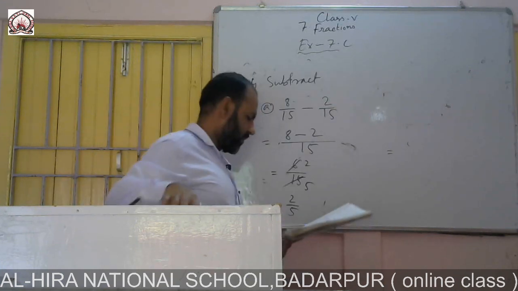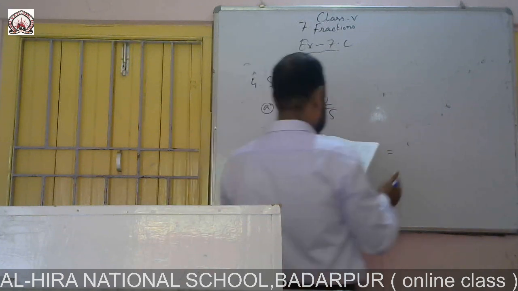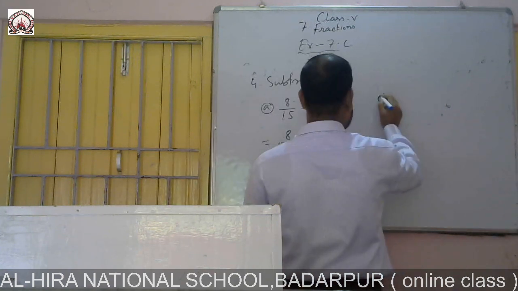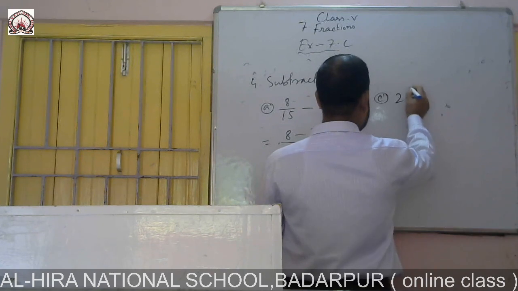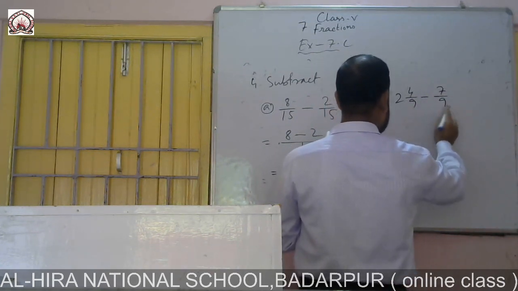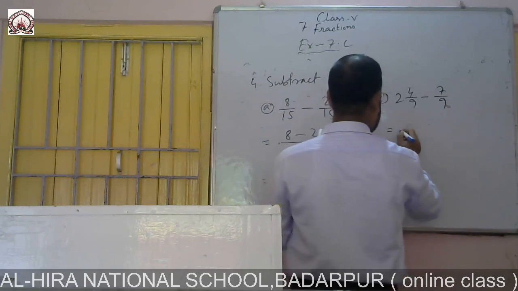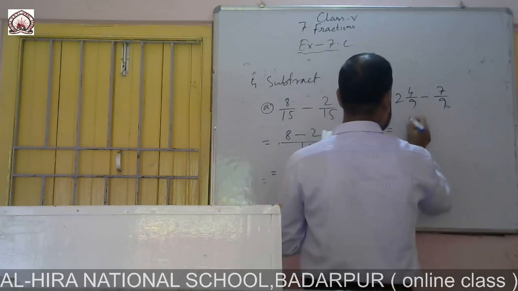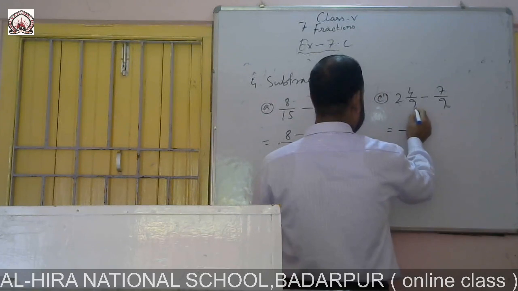Next question, C. 2 4 by 9 minus 7 by 9. So 2 9 jar 18.